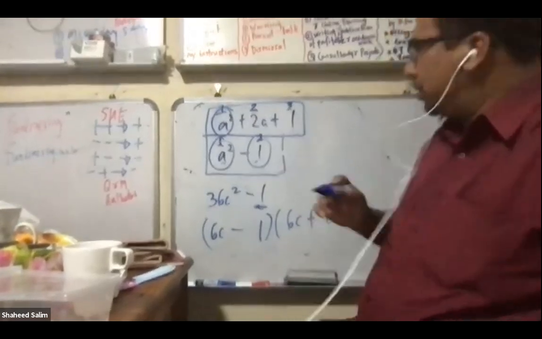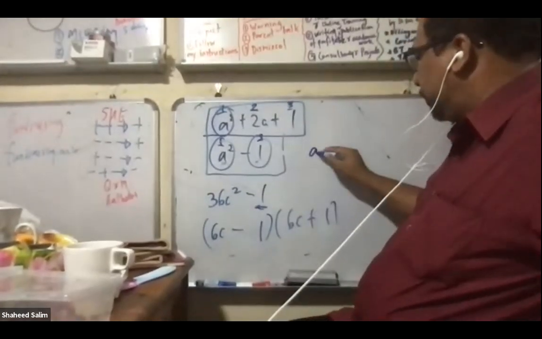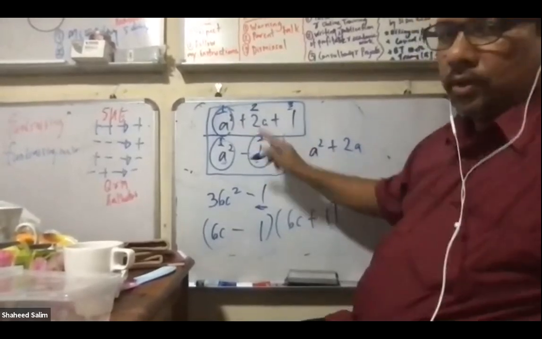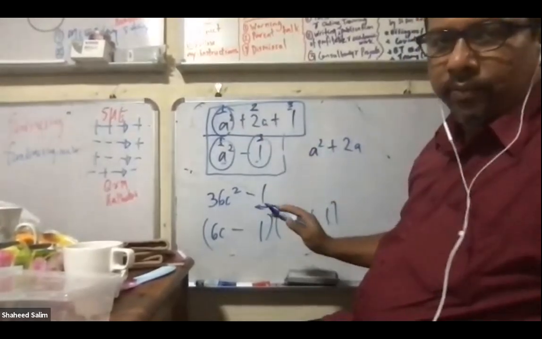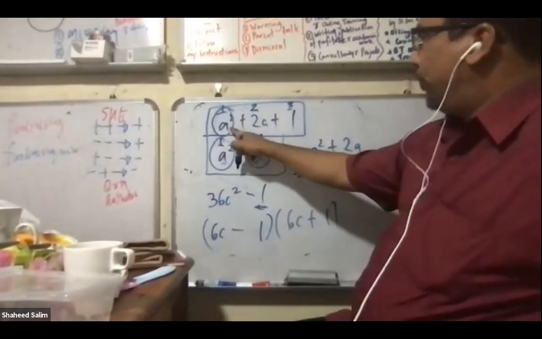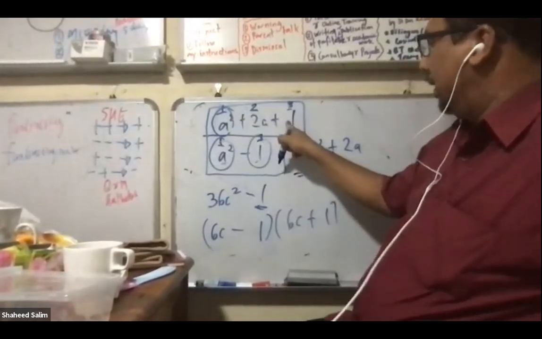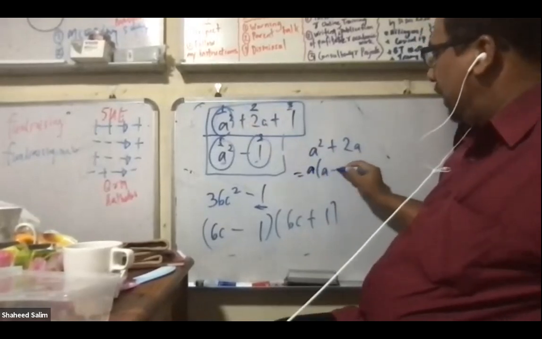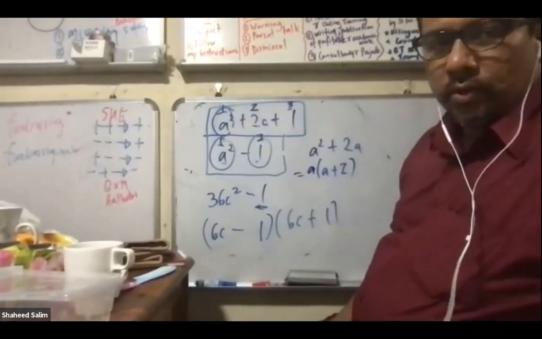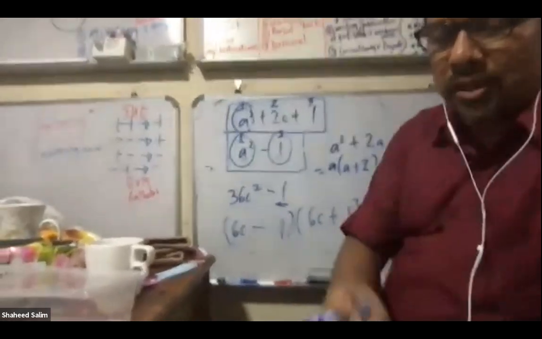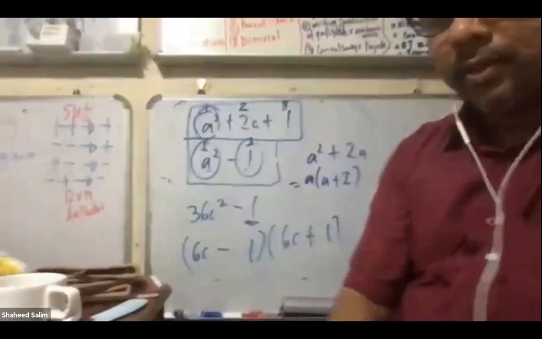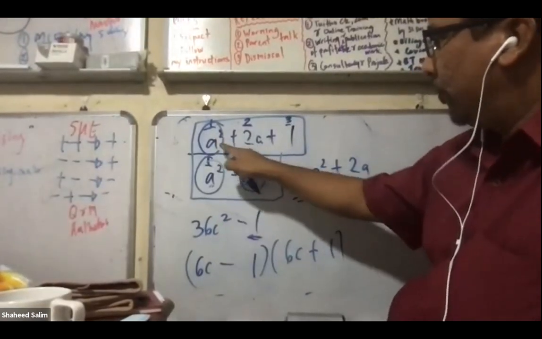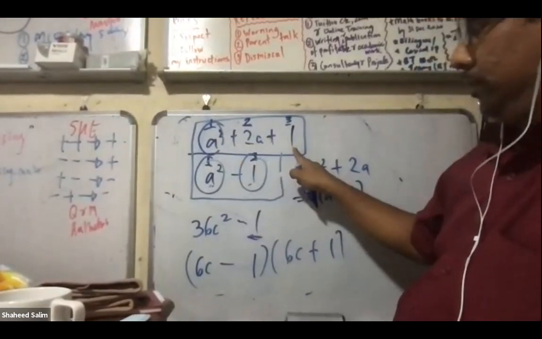Now sometimes they might give you something like this. First and second only, you cannot use completing the square. You can only take out the similar one, a plus 2. Don't get confused, you must be able to see the pattern. I repeat: when you have the square, you have first term, second term, third term.